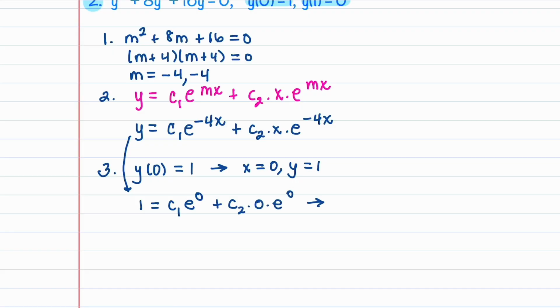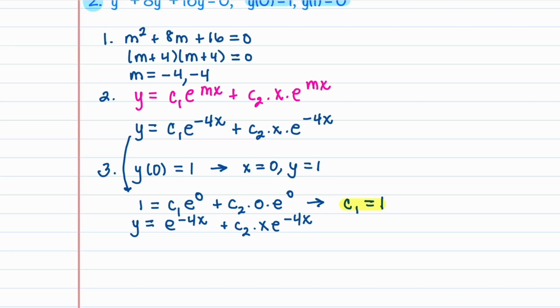So this is nice. This just means that c1 is equal to 1. Let me highlight that. And let's go ahead and plug that into our equation. So we have y is equal to 1 times e to the minus 4x plus c2 times x e to the minus 4x.